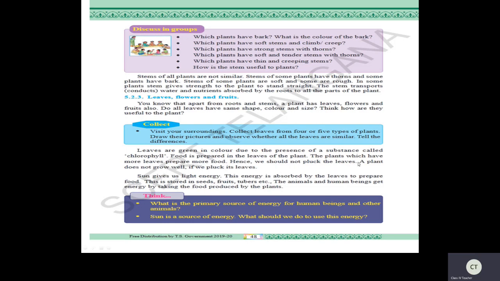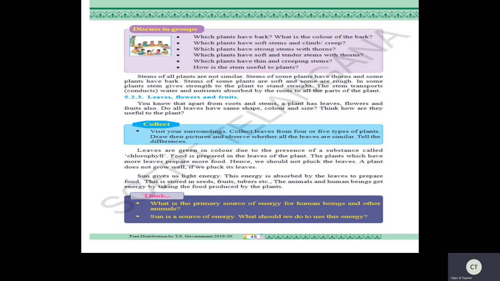Now the plants which have more leaves prepare more food. Yes, children. If there are more leaves, they can prepare more food. That's why we should not pluck the leaves unnecessarily, because they prepare food. If you destroy the leaves, how will the plant get food?